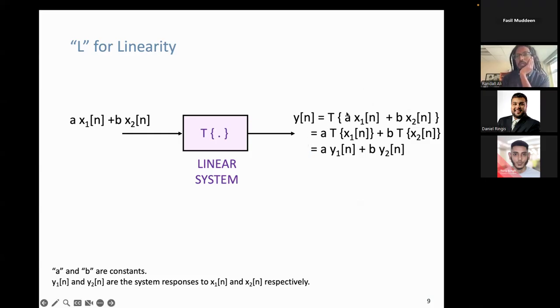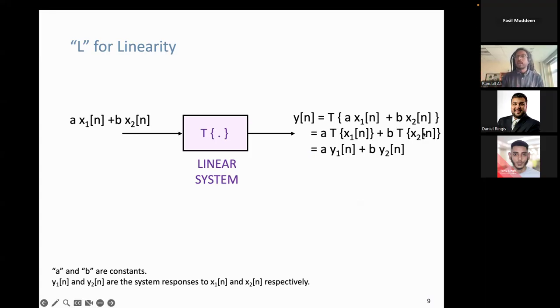And basically what I can do is I can take this gain A and I can take it out of the transformation. I take the B out of the transformation, and instead of having this transformation acting on the sum of these signals, I could decompose that into two sums. So one, which is A times the transformation on x1 plus B times the transformation on x2.